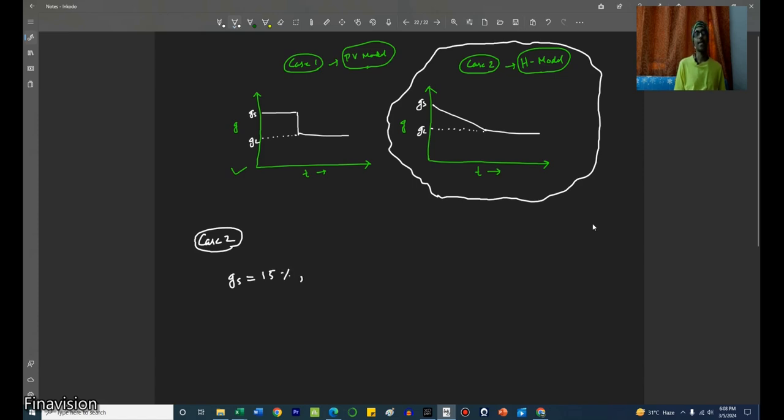This rate declined smoothly over a certain period to, let's say, GL. Let's say over a period of 15 years or 20 years, it declined to GL, and GL is 8%.